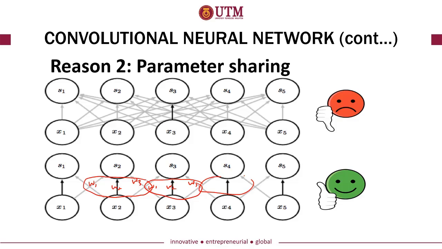So it's called parameter sharing: the same W value. You don't have a different value or another W there. It is the same W that you use in finding net 2 as in finding net 3, net 4, net 5 and so on.